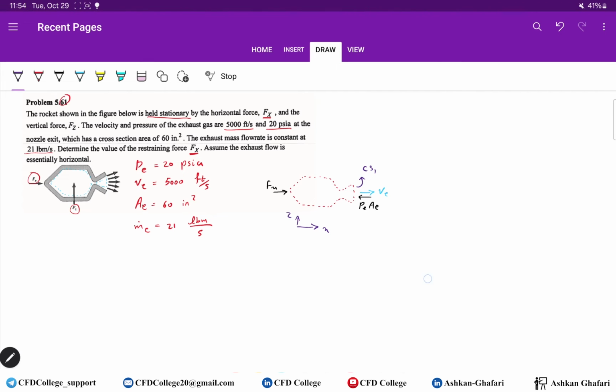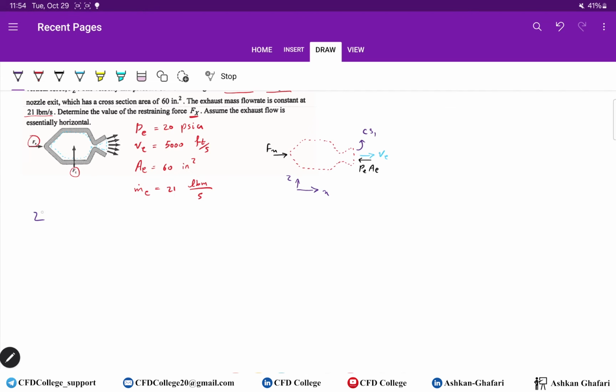Okay, now the third step: the summation of forces in x direction equals the change of momentum inside the control volume, which is 0 since we are working at steady state, plus the exchange of momentum, the integral of rho Vx V dot N dA. So we have two forces.